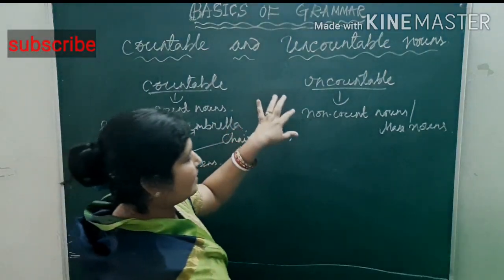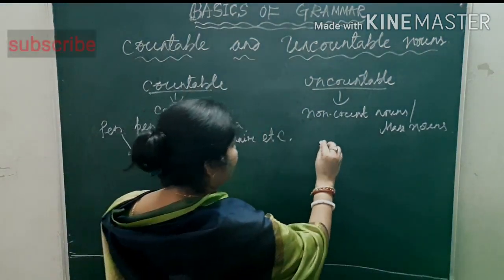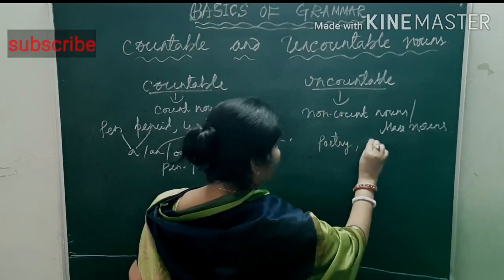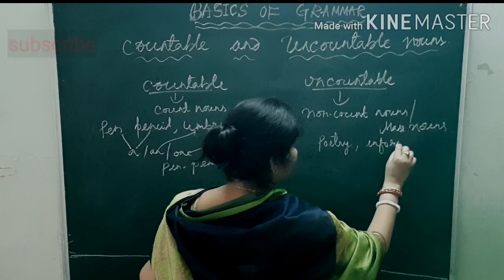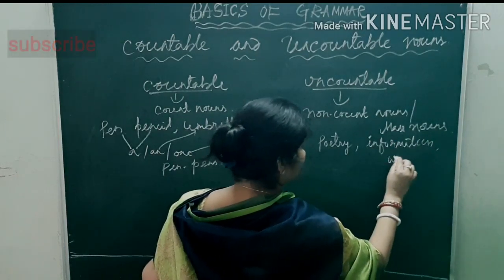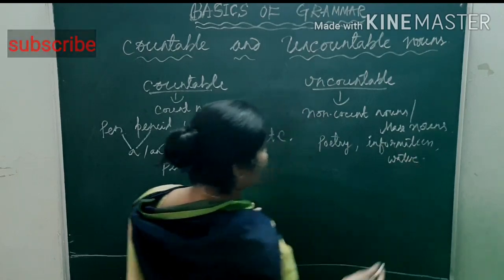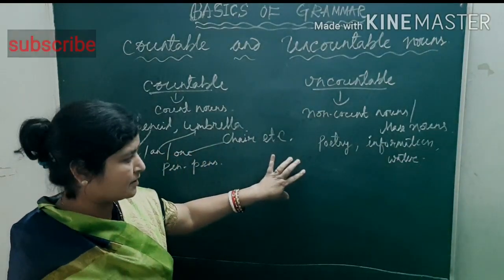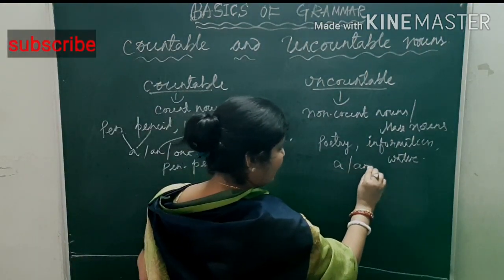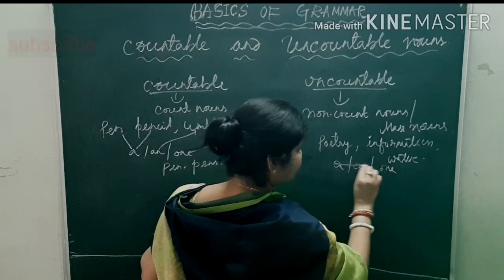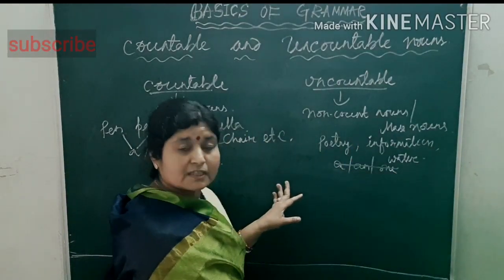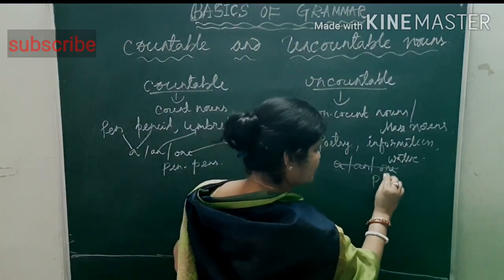But uncountable nouns, for example, poetry, information, water, are things we cannot count. Here we cannot use a, an or one, and these uncountable nouns don't have plural forms.